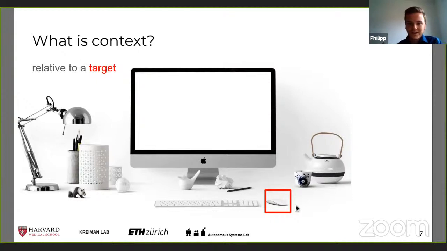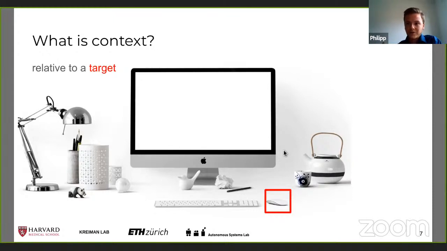And once we have established what is part of the context and what is the target object, the thing that makes contextual information useful are actually relations. So think of it in the following way. When we engage in contextual reasoning, we're actually making use of the objects, the content of the context, and certain relations that connect them to the target object.